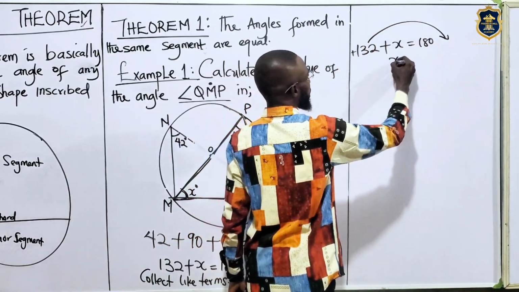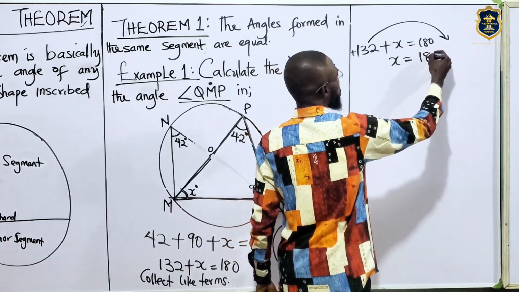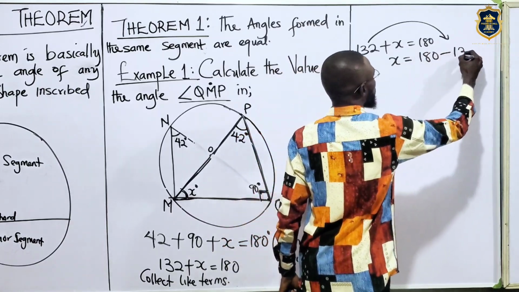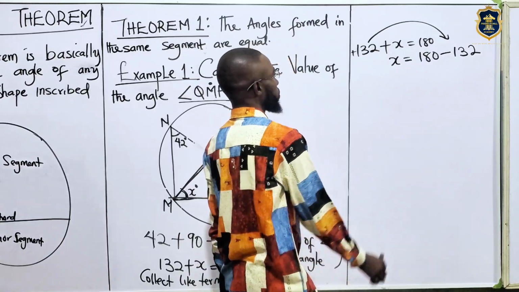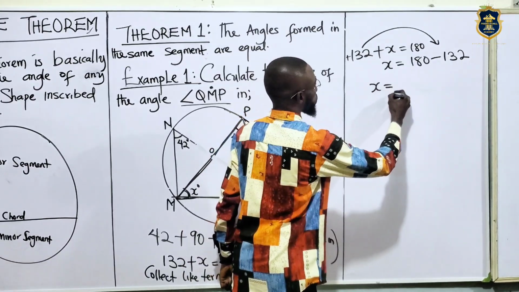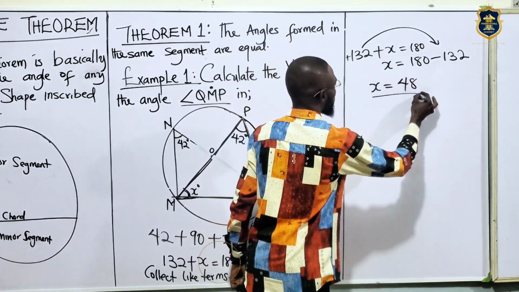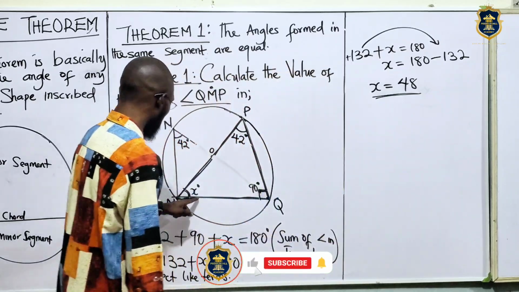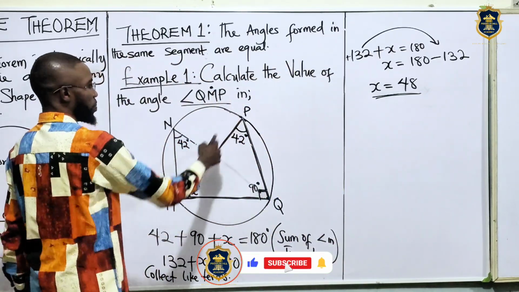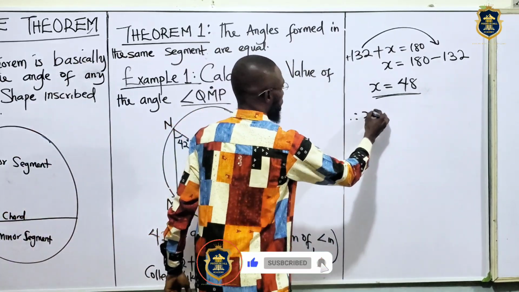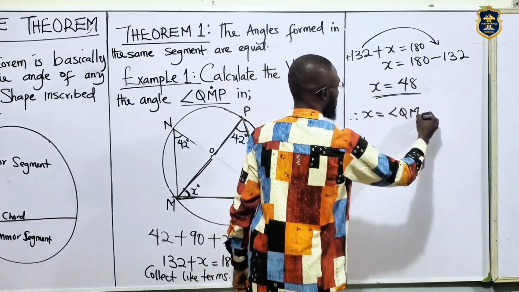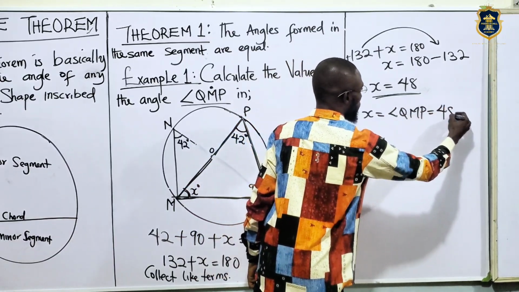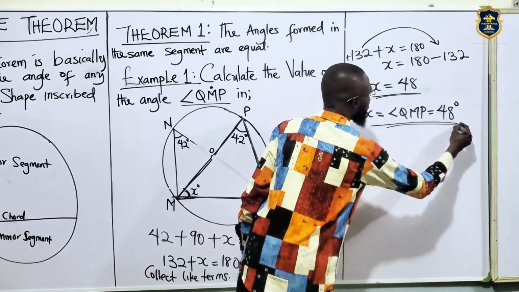So x will be equal to 180 minus 132. And 180 minus 132 gives us what? X becomes 48. That's the value of x. And x there is simply the angle QMP. Therefore, we can say x, which is equal to angle QMP, is equal to 48 degrees. That's the answer to this question.